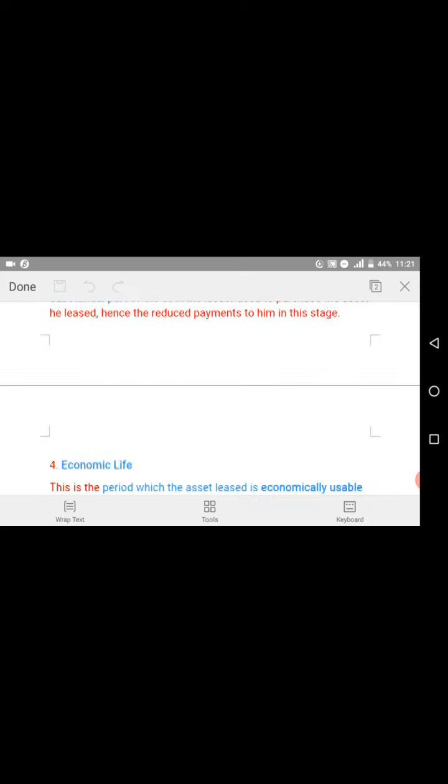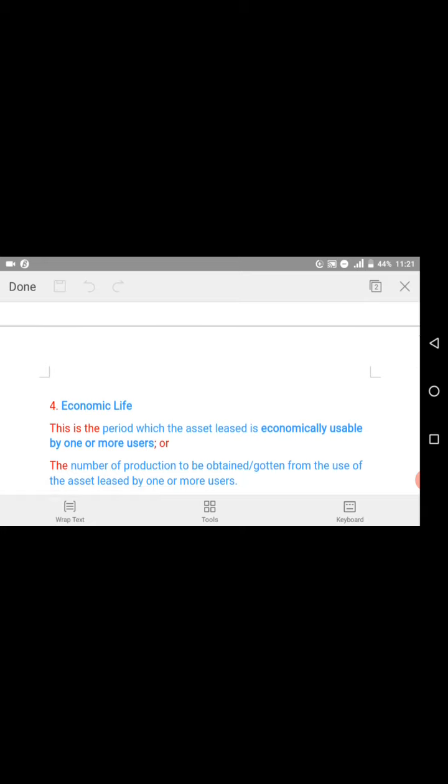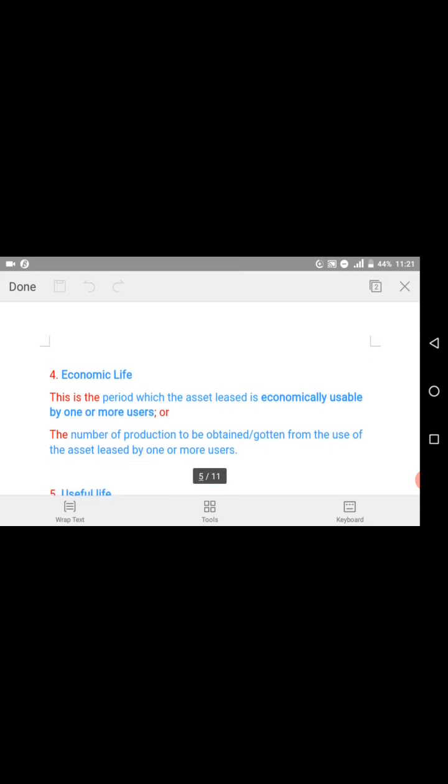Done with here. Go to the fourth one, economic life, as the fourth definition out of I think 9. And it says this is the period in which the leased asset is economically usable by one or more users.